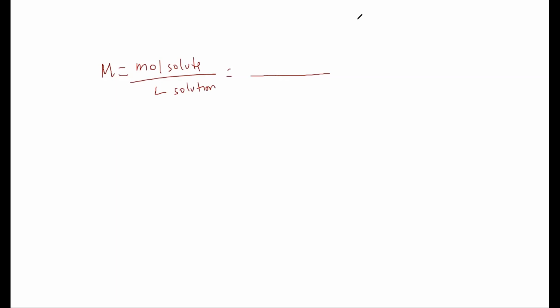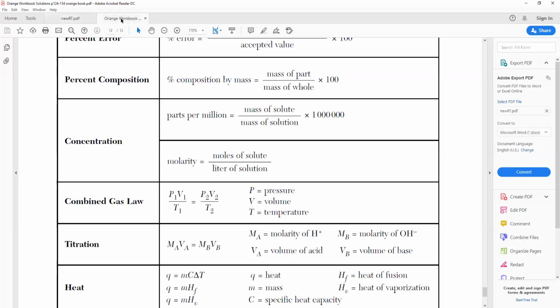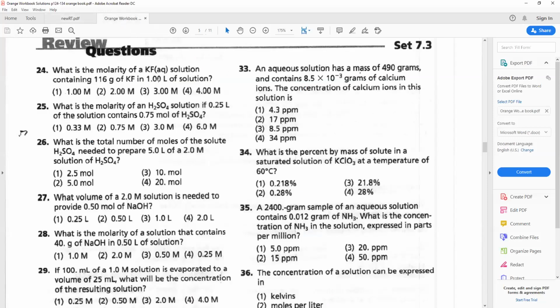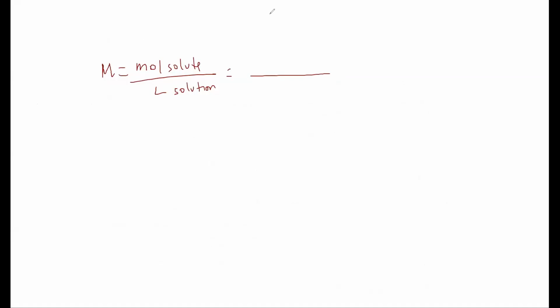If we go back to the question, we're going to see that they gave us 1 liter. So they gave us the value, and we're going to write 1 liter. But they didn't give us moles. What did they give us? They gave us grams of KF, so our solute is KF.